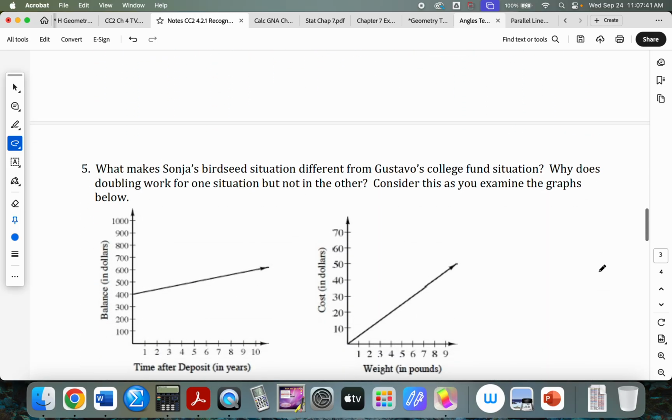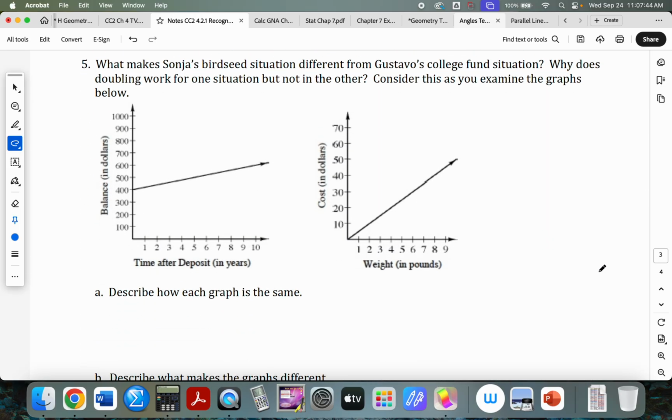Let's go on to page 3. So we're going to ask a couple of questions that we're going to answer by looking at these graphs. The question is, what makes Sonia's birdseed situation different from Gustavo's college fund situation? Why does doubling work for one situation and not the other?